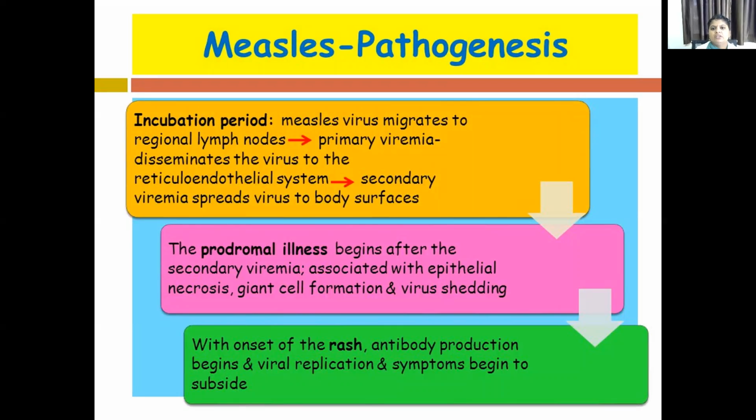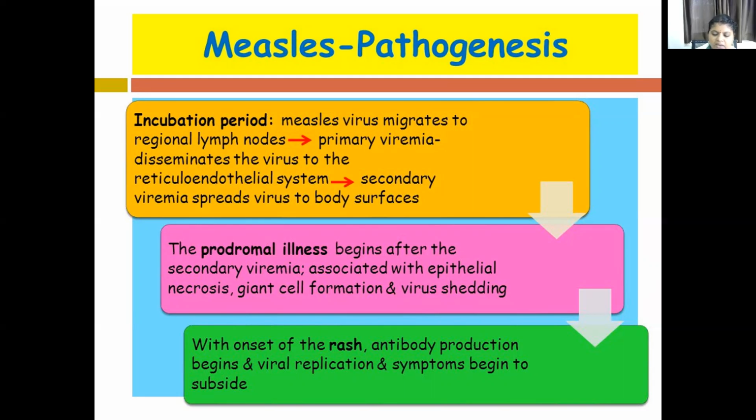If you see the pathogenesis of this measles, usually it is transmitted by direct contact through aerosols or fomites. After local entry, it multiplies in the lymph nodes. After that, there is a viremia.